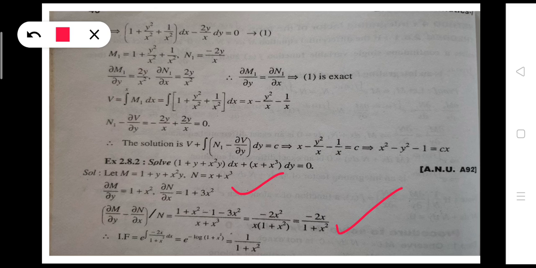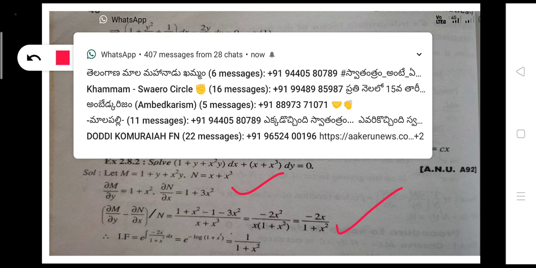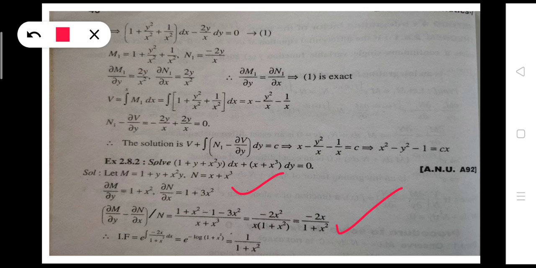This is in the form of e power integral of f dash x by f of x dx, which means log of f of x. So it is e power minus log (1 plus x square), that is e power log of (1 plus x square) whole power minus 1, and that is 1 by (1 plus x square).